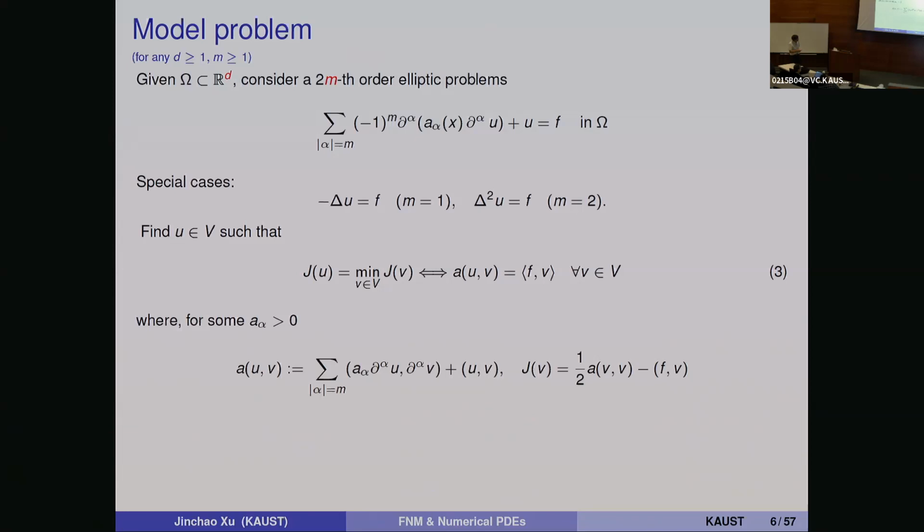But I'm interested in any order of PDE, any dimension. It's a mathematical game, but we mostly solve second order and fourth order equations. I got interested in this many years ago. What if I just do any dimension, any degree? Can you have some finite element?